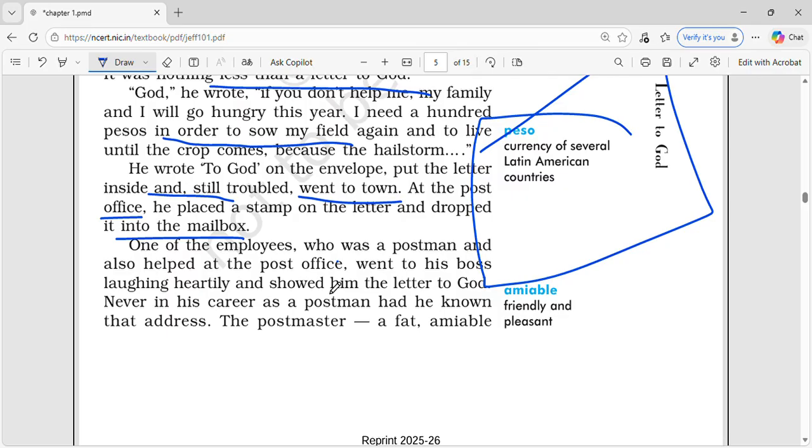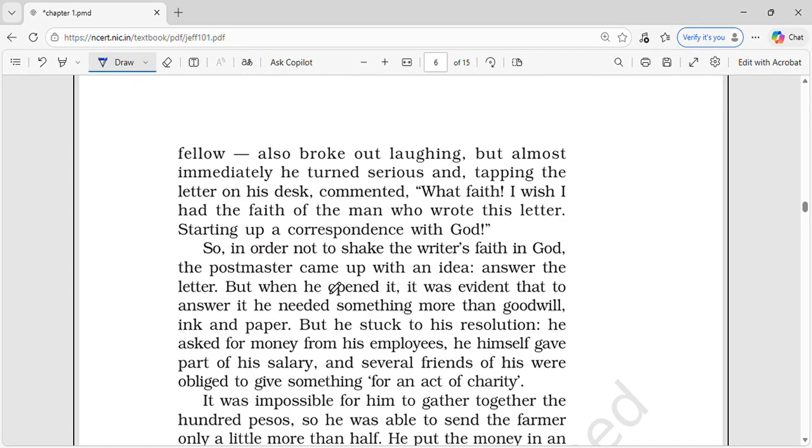Then this postman showed it to his postmaster. He was a fat, amiable, matlab friendly and pleasant person who was very kind. He broke out laughing, but then he immediately turned red and serious, and he was tapping the letter on his desk like this, and then he said, "What faith!